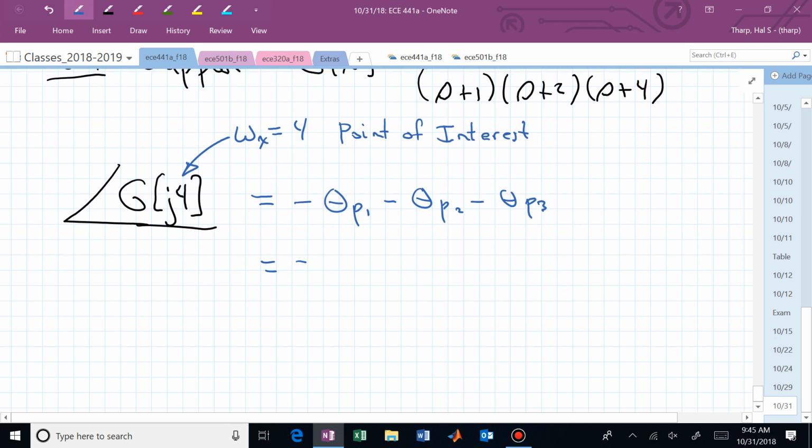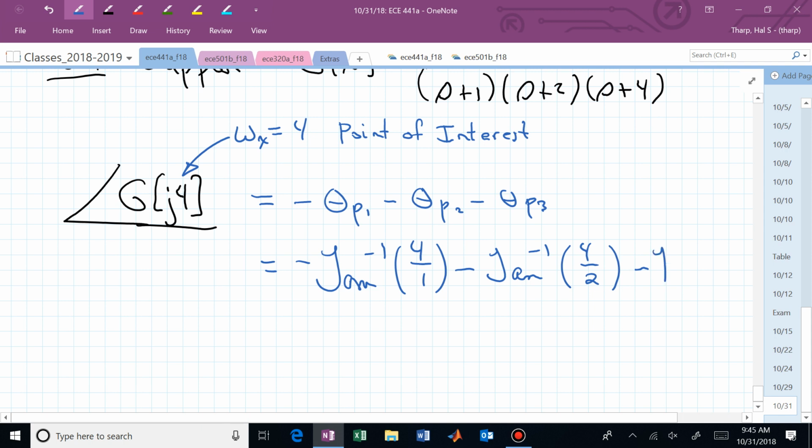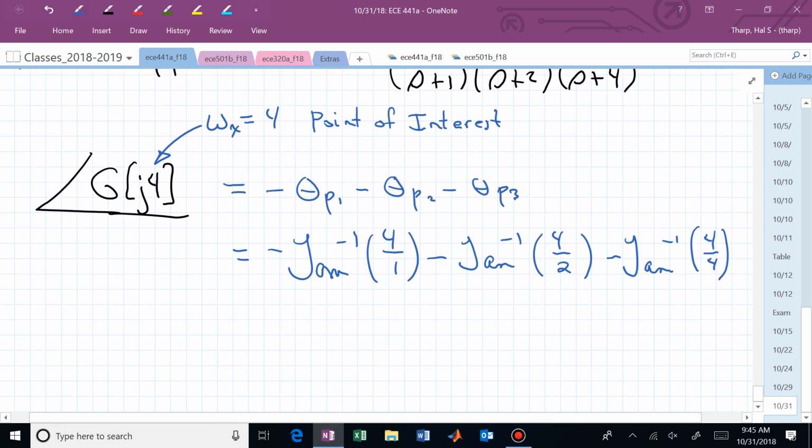And in this case, I have minus the inverse tangent of 4 divided by 1. I have minus the inverse tangent of 4 divided by 2. And finally, I have minus the inverse tangent of 4 divided by 4.